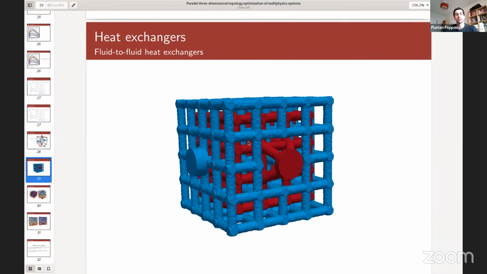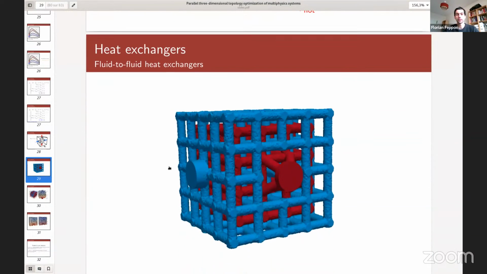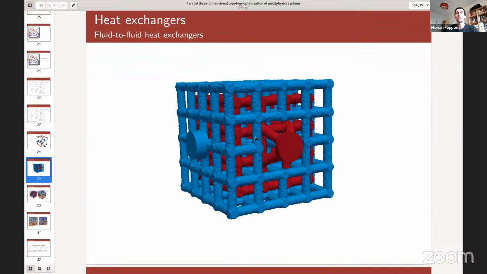In 3D, I must acknowledge that for this kind of nice results, it can take 1 hour to remesh one iteration. So typically these results took me 1 or 2 weeks on 30 CPUs. It was something like 10 days.